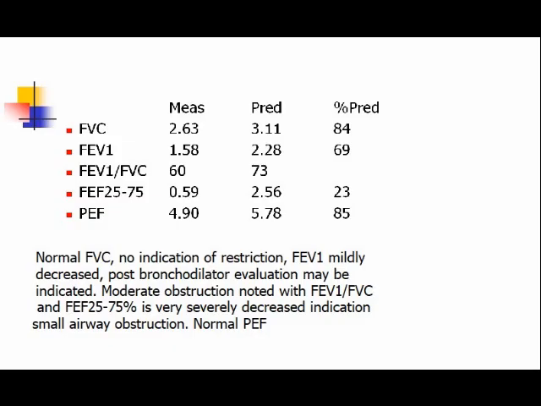FEV1 mildly decreased, post-bronchodilator evaluation may be indicated. A moderate obstruction noted with FEV1 to FVC, and FEF 25-75 is very severely decreased, indicating small airways obstruction, a normal peak expiratory flow rate.